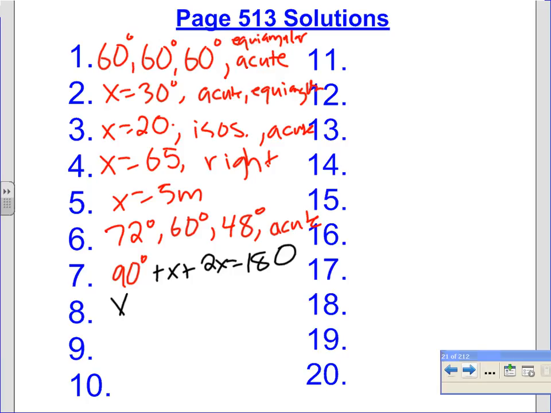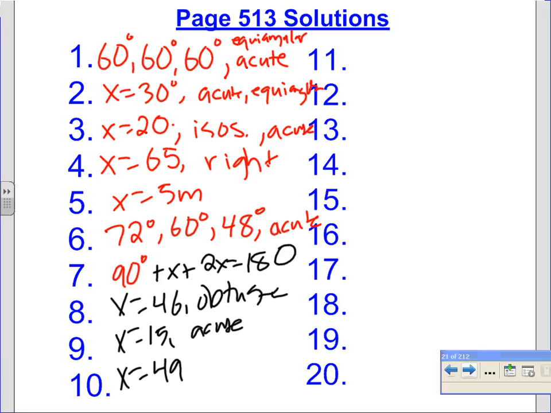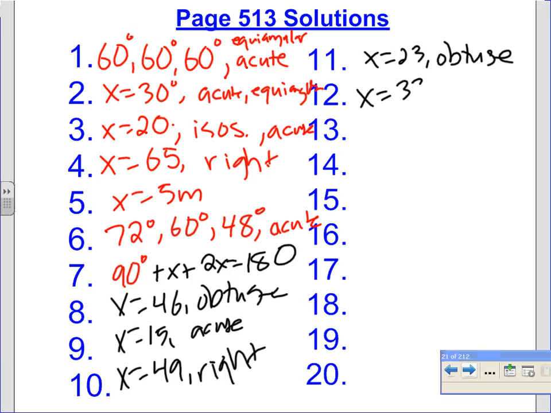Number 8, x equals 46. It's obtuse. Number 9, x equals 15. It's acute. Number 10, x equals 49. It's right. 11, x equals 23. It's obtuse. 12, x equals 33.